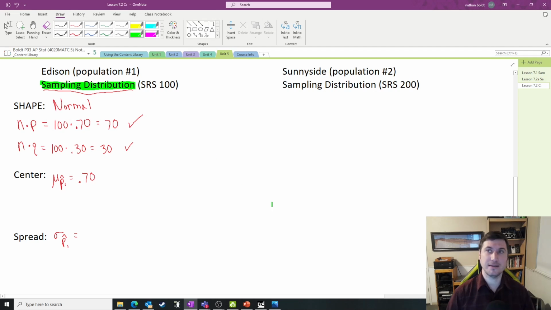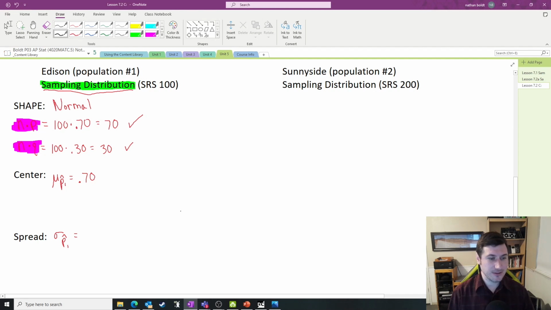And how do we know it's big enough? If n times p is greater than 10 and n times q is greater than 10. That's when you know the sample size is big enough.